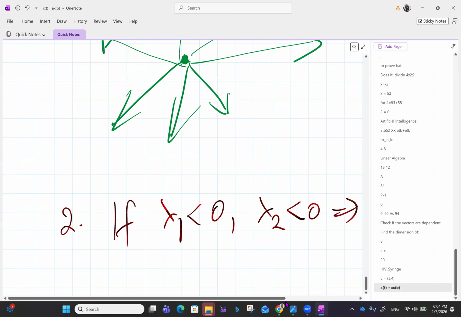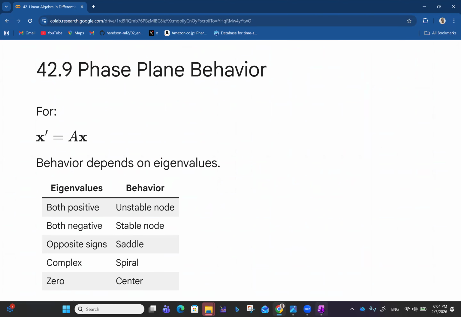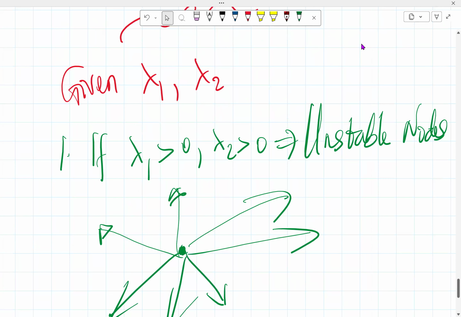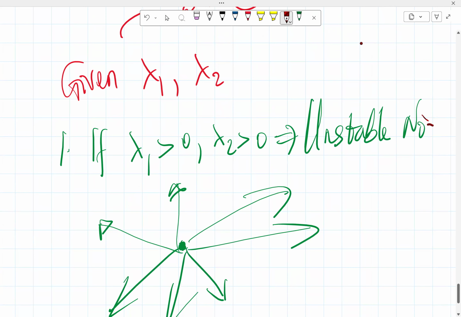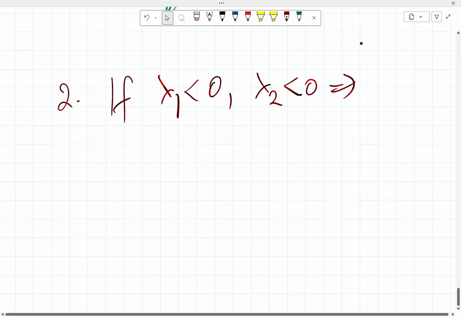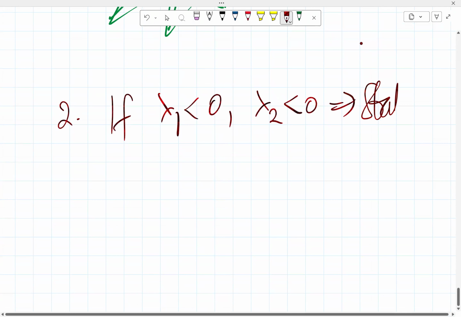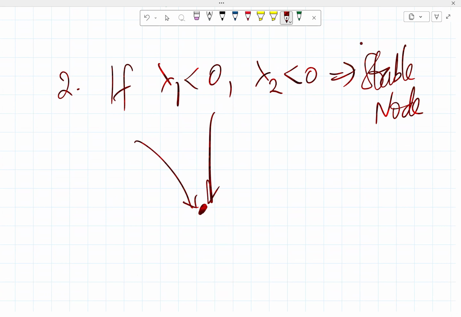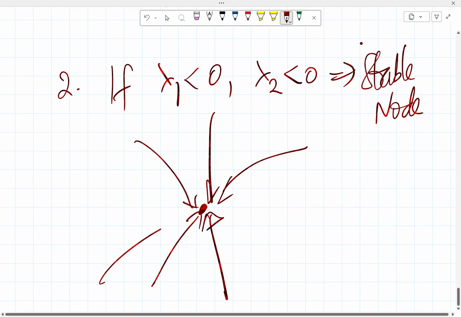So here you have a stable node, and up there is the unstable node. This node here is stable because everything is coming into it. You have convergence into that point. So that way we talk about a stable node.